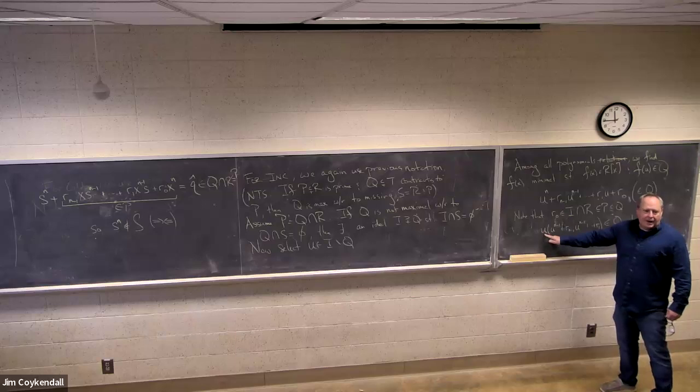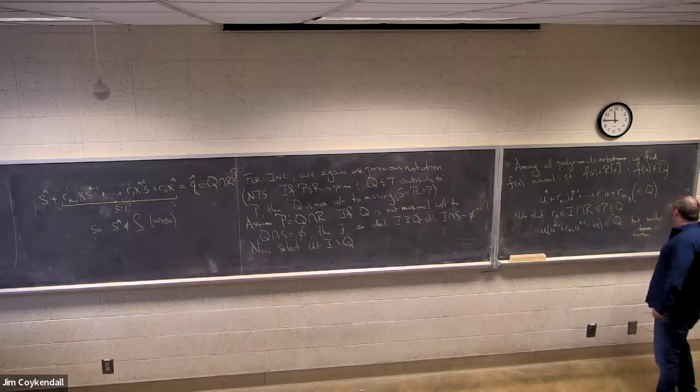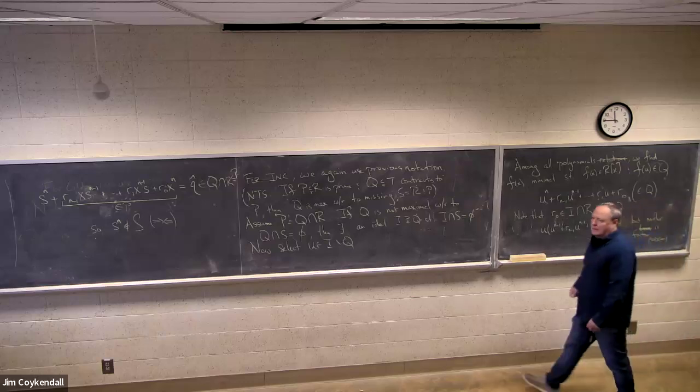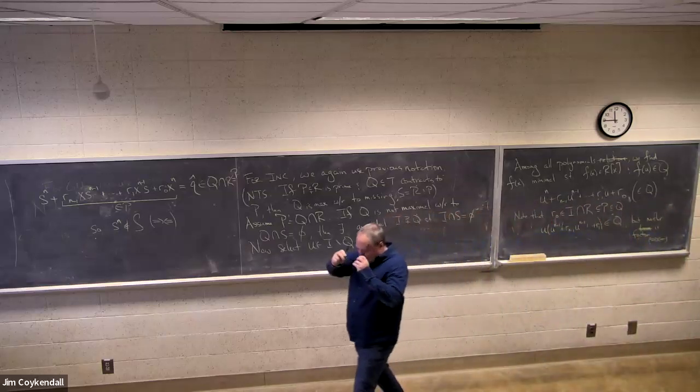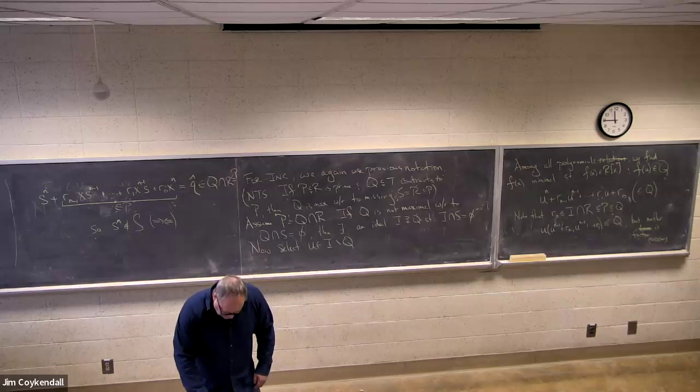U is not in there by hypothesis, and this mess isn't by minimality. And so there's our contradiction. And so we get the coveted result that any integral extension satisfies both lying over and incomparability.